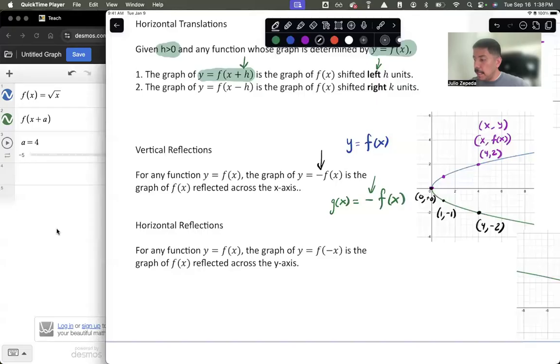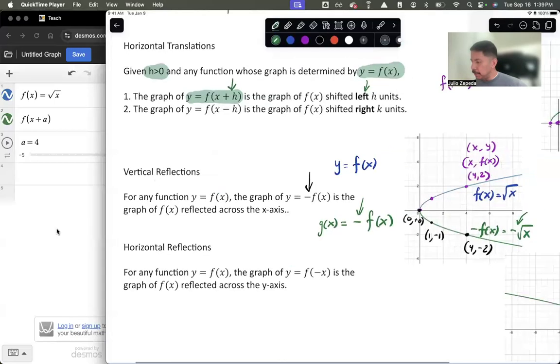Okay, so let me just write it again. In blue is f of x equals the square root of x. If I were to write negative f of x, or if you see the opposite of the square root of x, well, here, since the negative is outside of the function, it gets reflected vertically, up and down, about the x-axis.